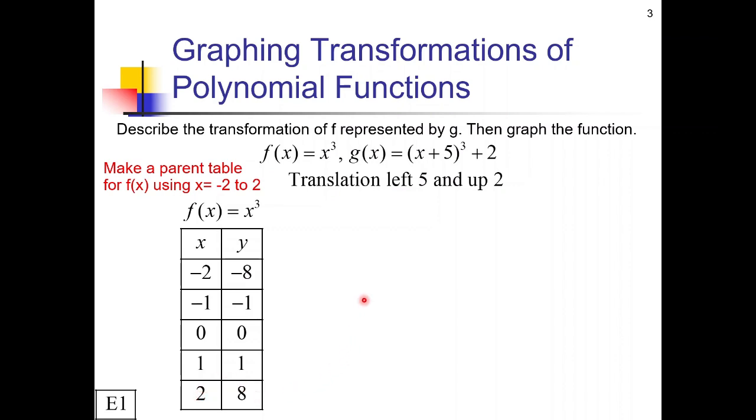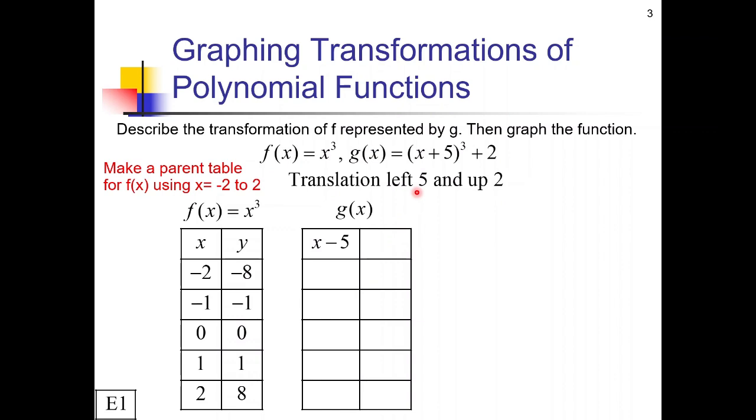All right, now for our rules to modify the function according to the g of x rules here. If I'm going left 5, then I need to do x minus 5, subtract 5 from all the x values. If I'm doing up 2, then I need to do y plus 2. So let me do the x values first. Subtracting 5 from each of these. -2 minus 5 is -7. -1 becomes -6. 0 becomes -5. 1 becomes -4.